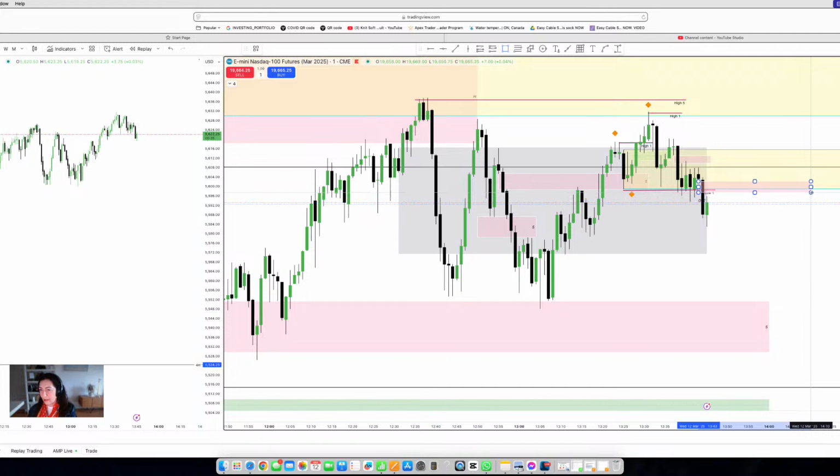Give this candle a chance to close here and see where we are. Nope.